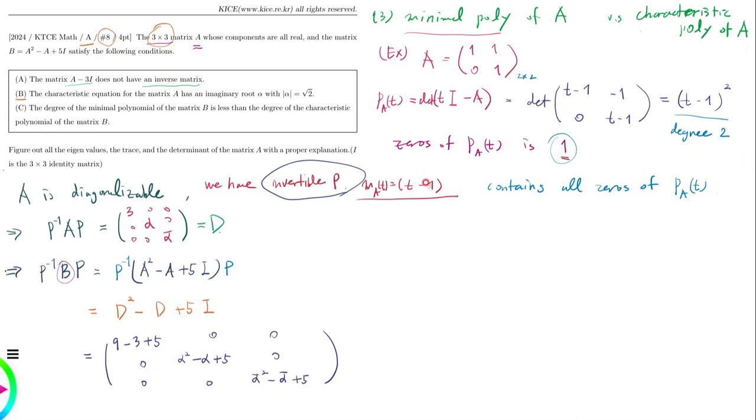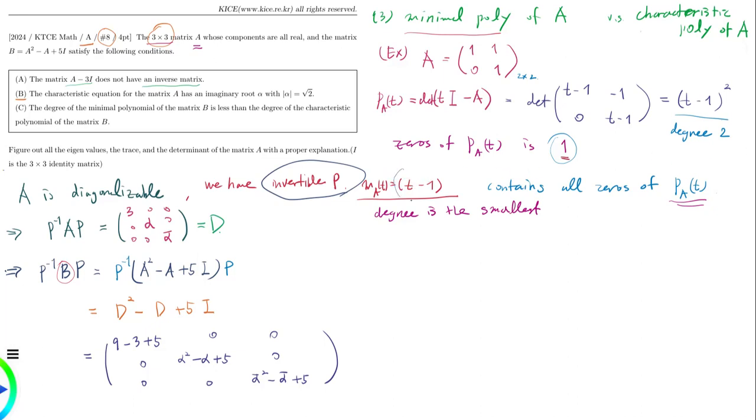So the polynomial whose degree is minimal, the smallest degree, but still contains all the zeros of its eigenvalues.